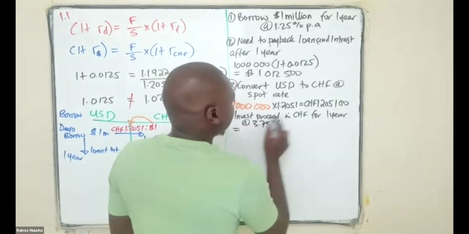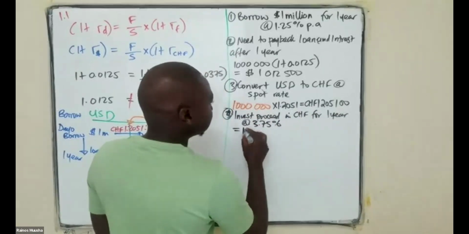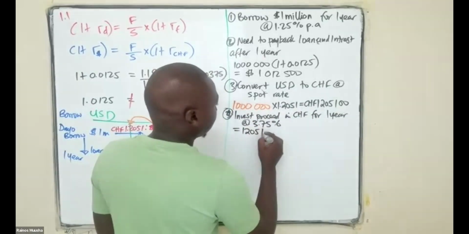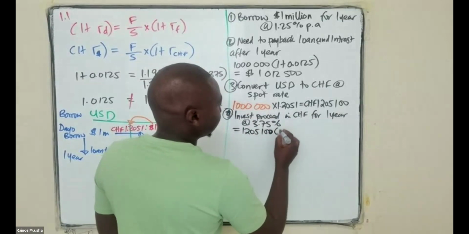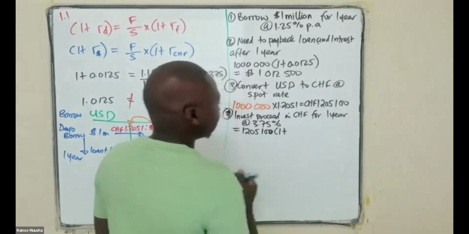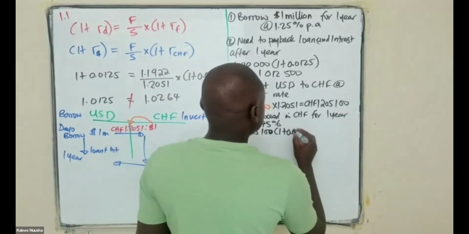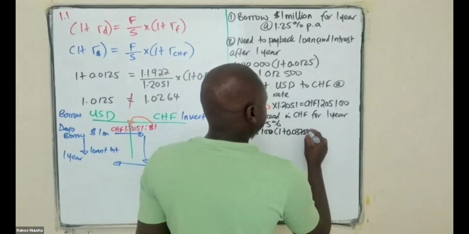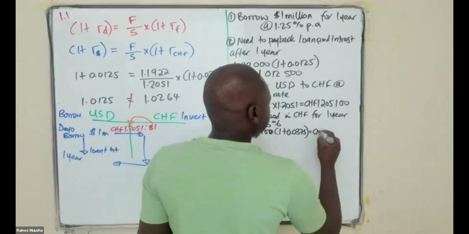So we're investing an amount of 1,205,100 in brackets 1 plus our interest, which is 0.0375. So how much do we end up with?